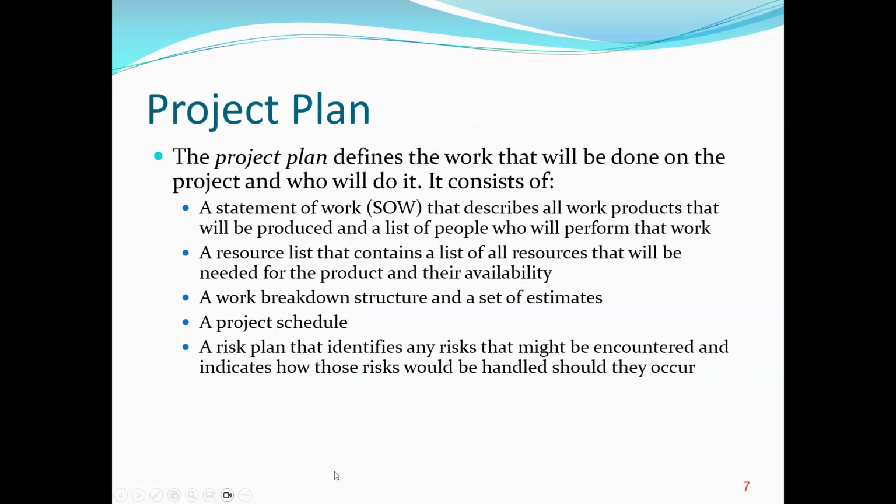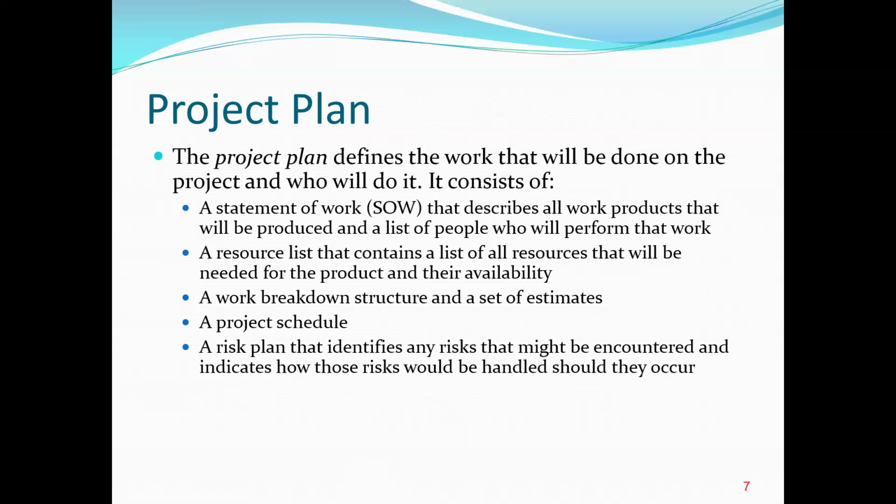The project plan, as we said earlier, defines the work that will be done on the project and also who will do it. It consists of a statement of work, which is the SOW. The SOW normally describes all the work products that will be produced and also a list of people who will perform that work.